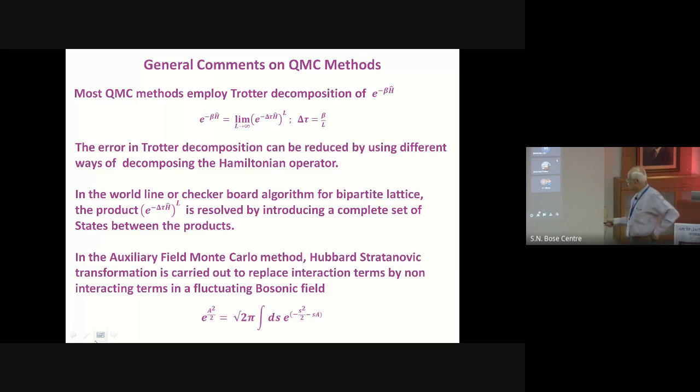Here you see that it depends linearly on a, with e to the minus s squared by 2, and this integration can be replaced with a summation with s equal to plus 1 or minus 1. So if you have only one interacting term, then you just have one summation over spin variables, plus 1 or minus 1, because it's a classical spin.